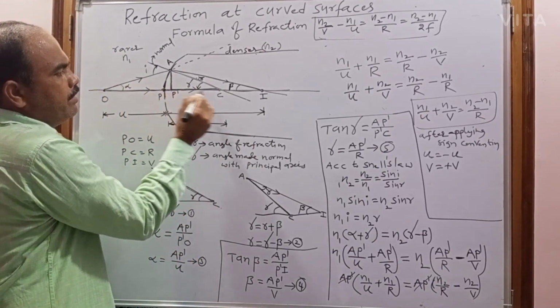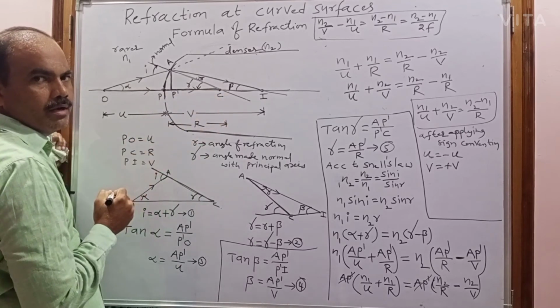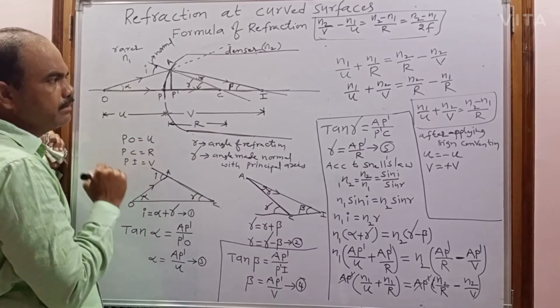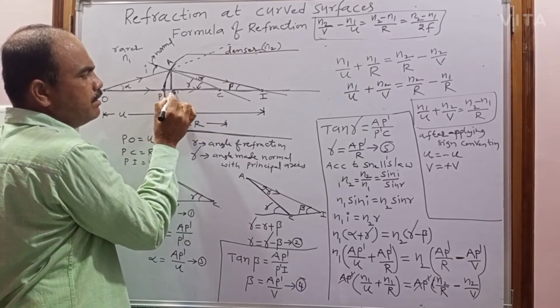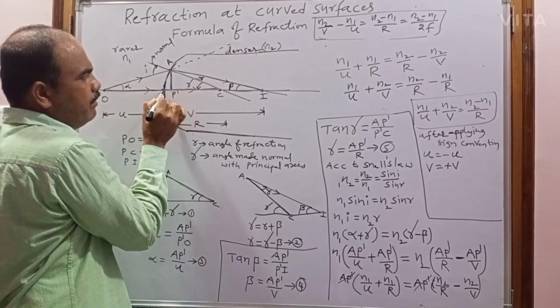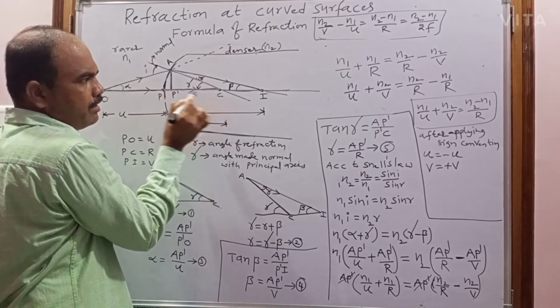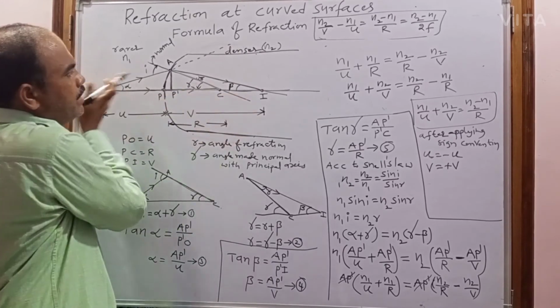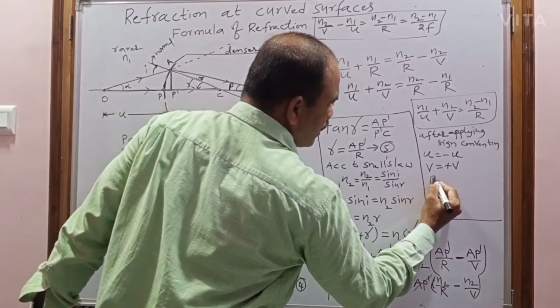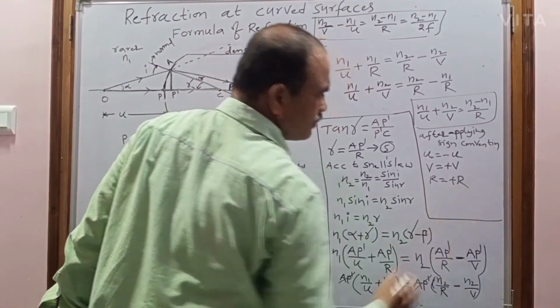To measure the radius of curvature, in which direction are you moving? You move from the pole to the center, in the direction of the incident ray. That's why R is equal to plus R.